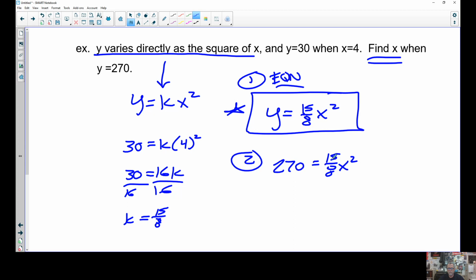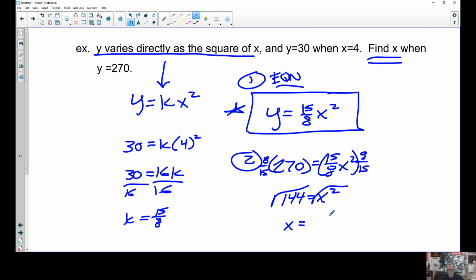So now to solve for my x, I first have to multiply both sides by 8/15. And when I do that, I get, let's see, 144 equals x squared. And then I take the square root of both sides.